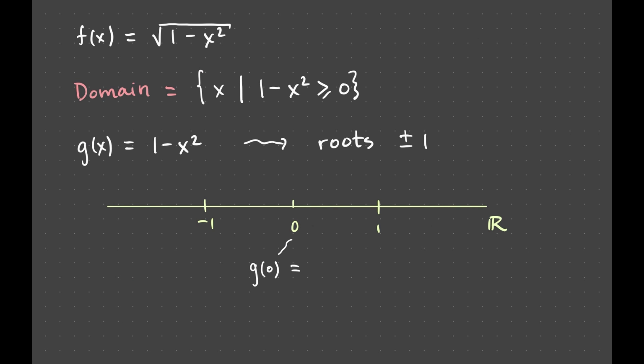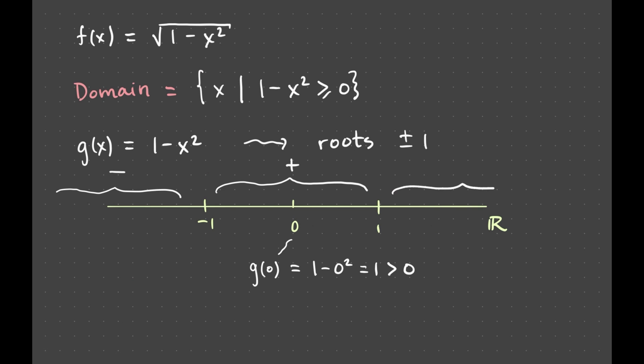For example, at the point x equals 0, the polynomial takes the value 1, which is positive. So this means that the polynomial is positive on the middle interval, from minus 1 to 1. In a similar fashion, it's not too difficult to check that the polynomial is negative on the other two intervals. Another way of seeing this is to just realize that the expression 1 minus x squared certainly grows negative for x very, very large.